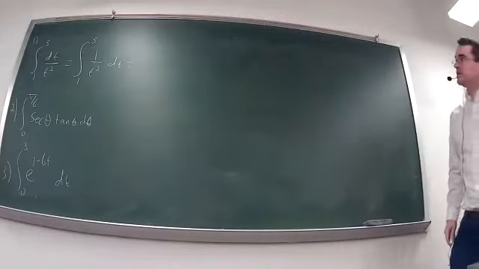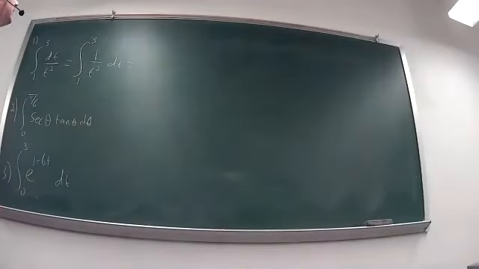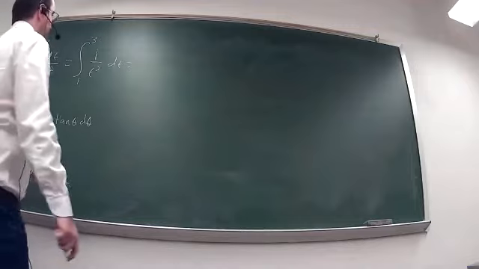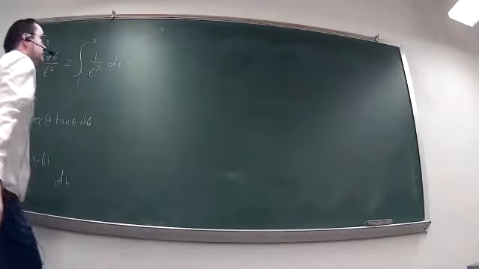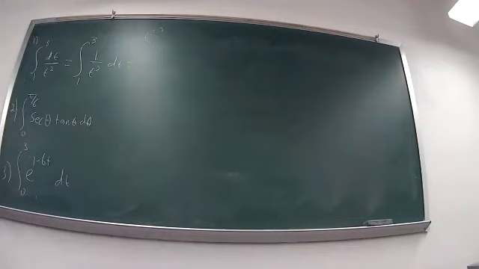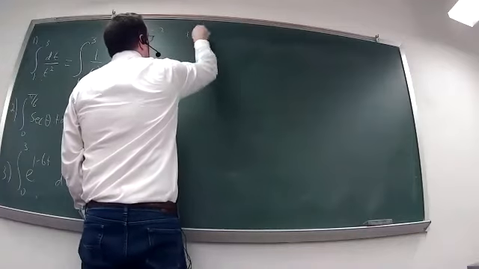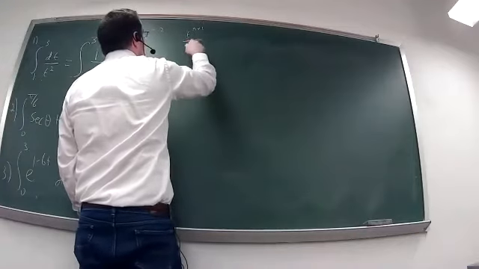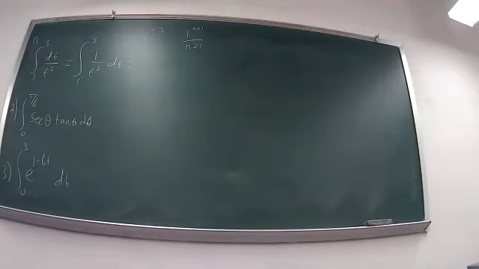So you see this on the test, what are you going to do? I need to figure out an antiderivative of 1 over t squared, so that's going to be t to the minus 2. An antiderivative of that, remember your formula, you have n equals negative 2, and an antiderivative would just be t to the n plus 1 over n plus 1.